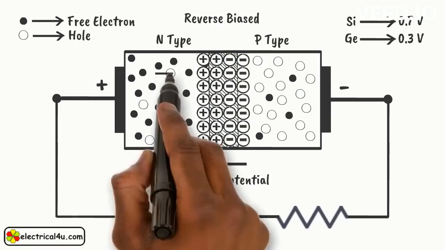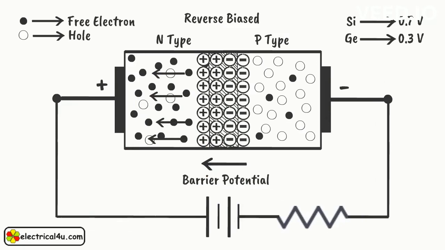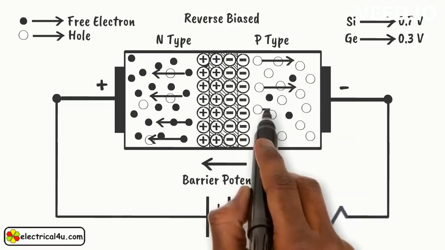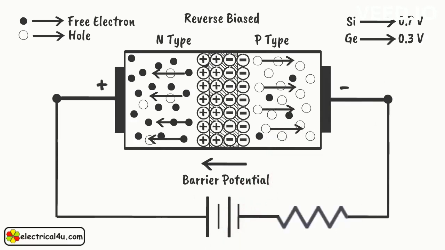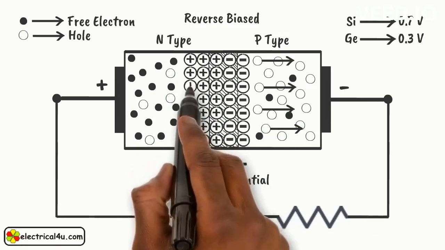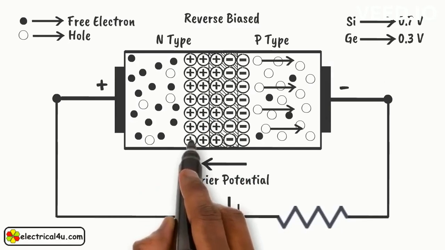Due to attraction of positive potential, the free electrons in the N-type region go away from the junction. Due to attraction of negative potential, the holes in the P-type region go away from the junction. This makes the depletion layer of the junction wider with increasing reverse biased voltage.